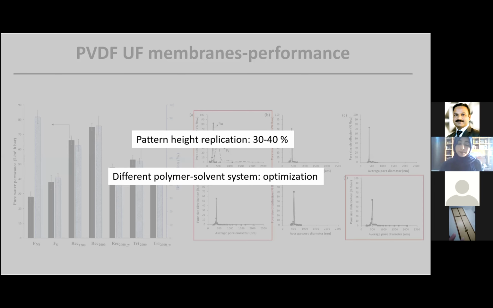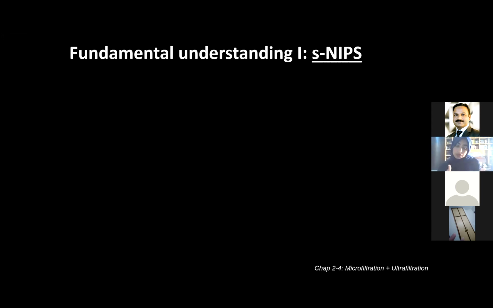But it also shows us that with choosing a different polymer system each time, we will always need an optimization, which would help us to tune the setup. From all of this, we could understand the SNIPS process, that SNIPS is able to replicate the pattern dimensions with an acceptable accuracy.